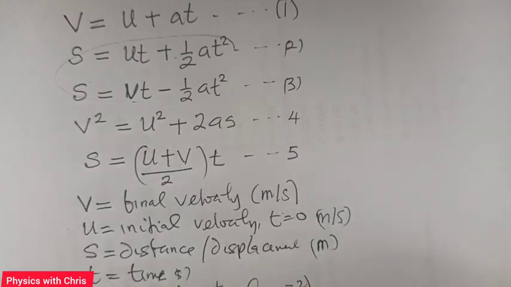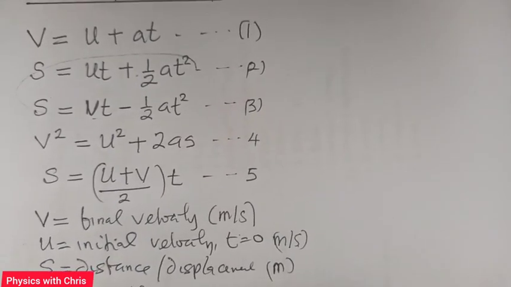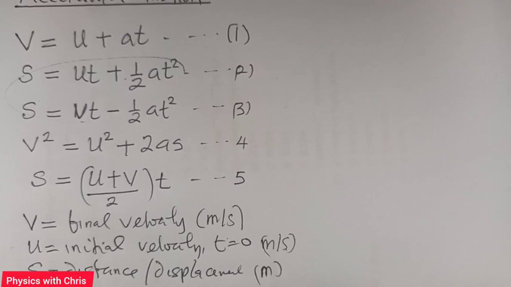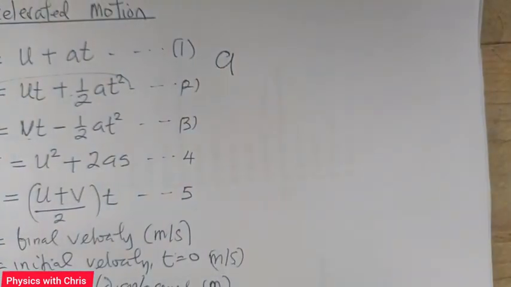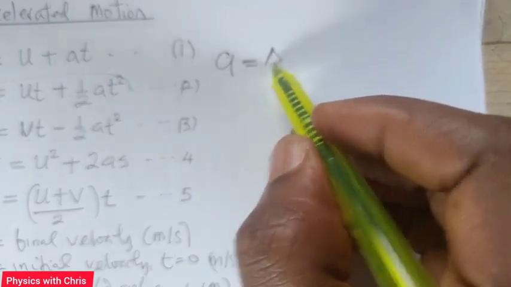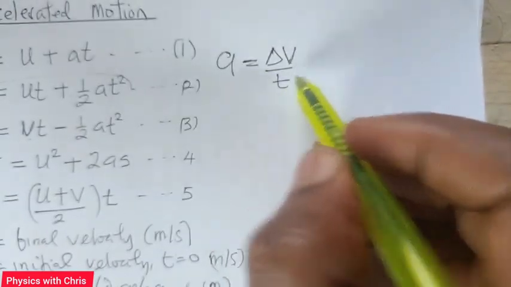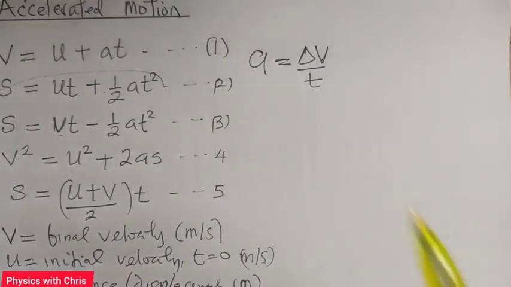Quickly, we shall go through the derivations of these equations one after the other. I want to start with the first equation of motion, v equals u plus a multiplied by t. To derive it, we define acceleration a as the change in velocity over time. The symbol that looks like a triangle is the symbol for change.